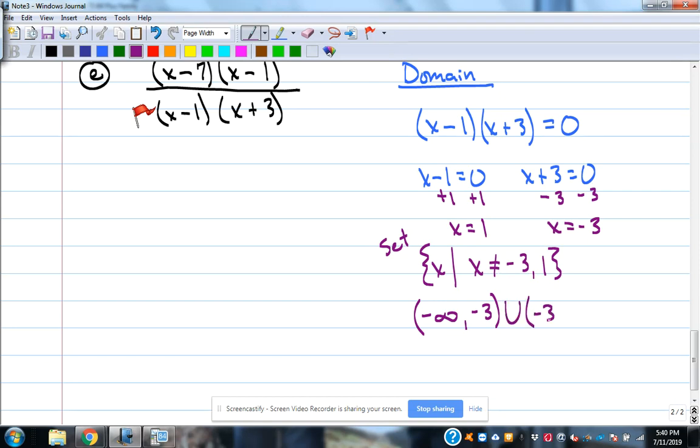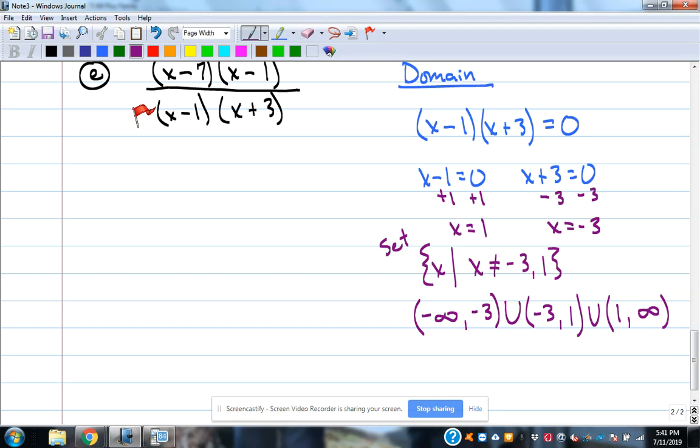Then we're going from negative 3 up to positive 1 parenthesis, U for union. And then we're going from 1 to positive infinity. So what that's doing is it's cutting out the negative 3, jumping over that number, and then jumping over the 1 that is also one of the places that could make the denominator equal to 0.